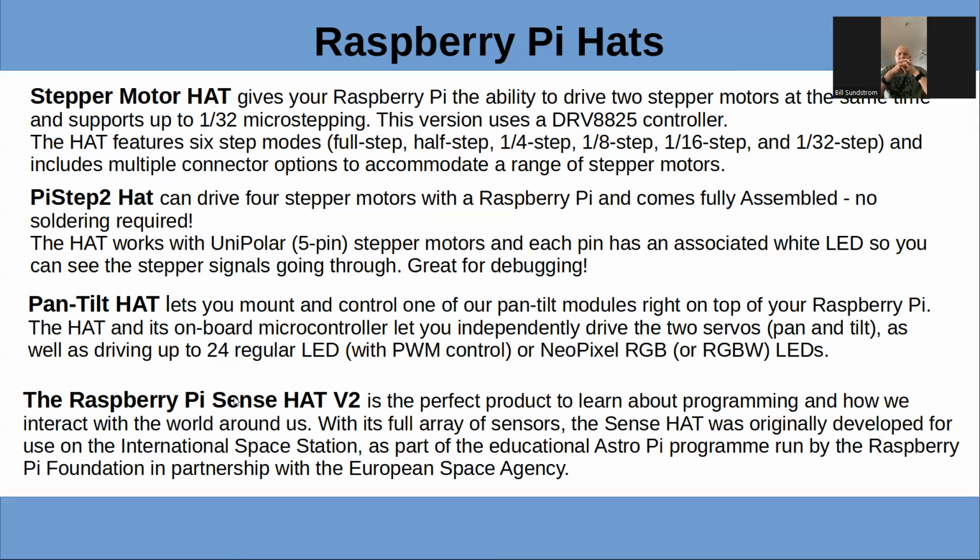It's a combination of accelerometers, a gyro, an LED matrix display on it, a bunch of things, and they did experiments with them. It was in a specially made box. They call it the Astro Pi.